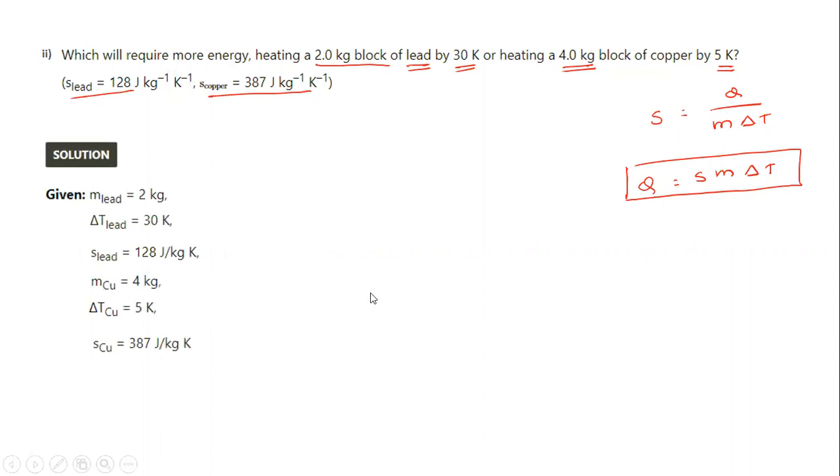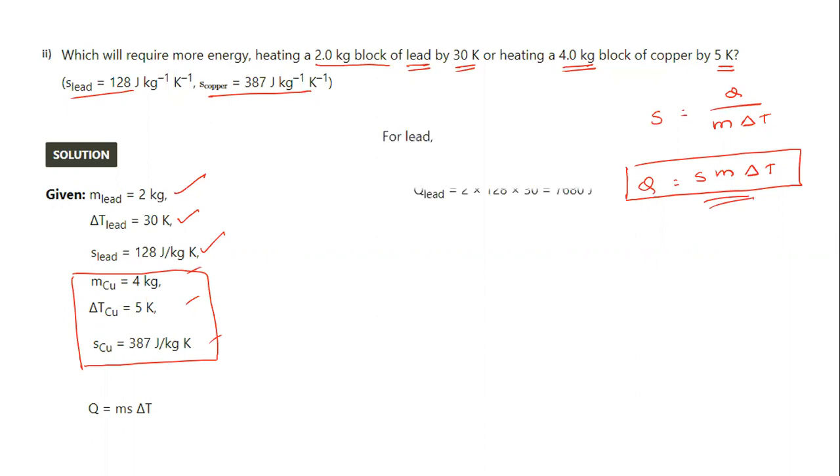Now let's see here. You can see the mass of the lead, the rise in temperature of the lead, and the specific heat of the lead. In a similar manner, it is given for the copper: mass, rise in temperature, and specific heat. The formula for Q is m s delta T, the same formula we discussed. For lead, we multiply these three quantities: 2 into 128 into 30, which comes to 7680 joule.